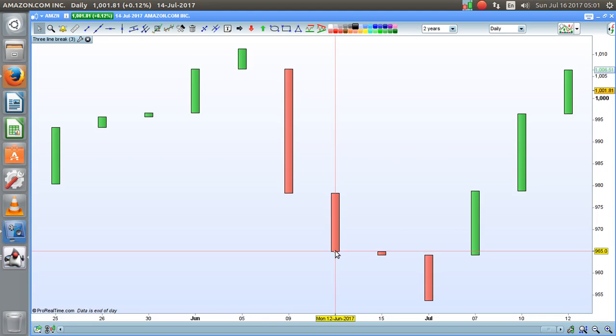It went down to 965 on Thursday, from Monday to Thursday. What happened to the days in between? We don't draw anything, because we're only basing it on the closing price. The closing price on Thursday dropped down to 964.20.